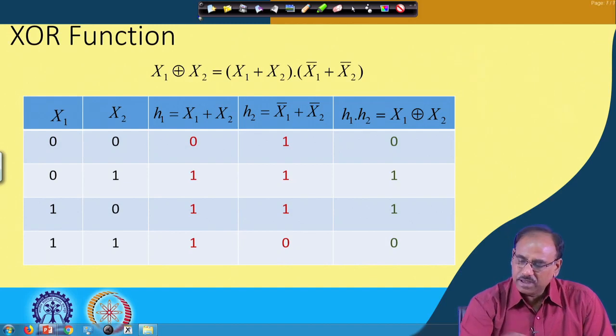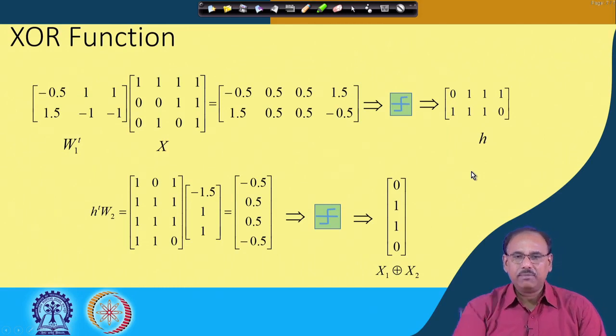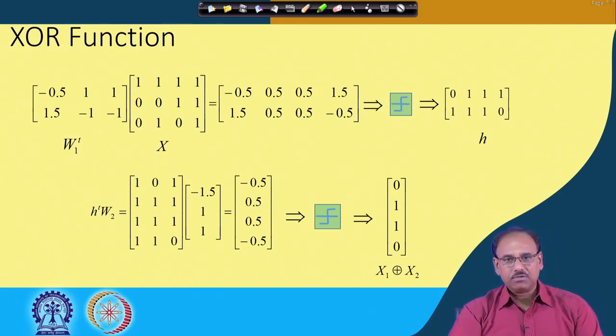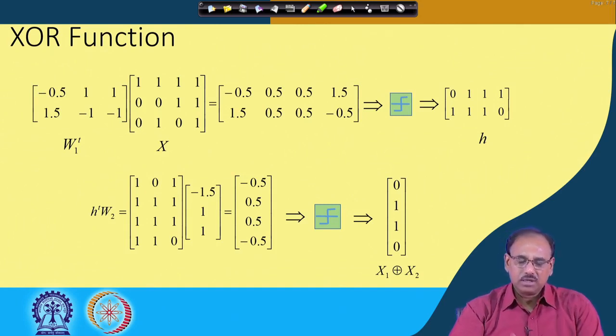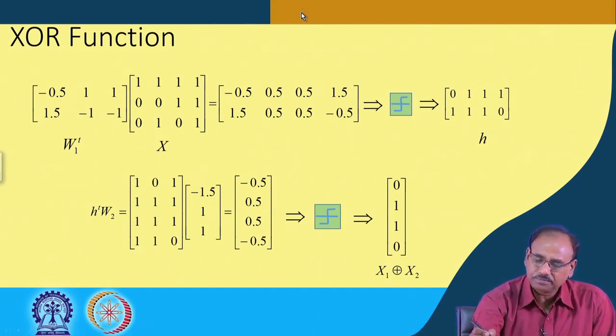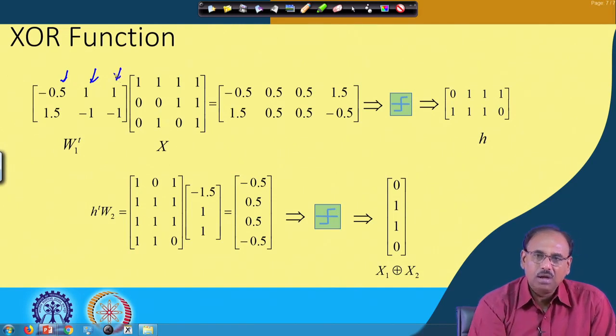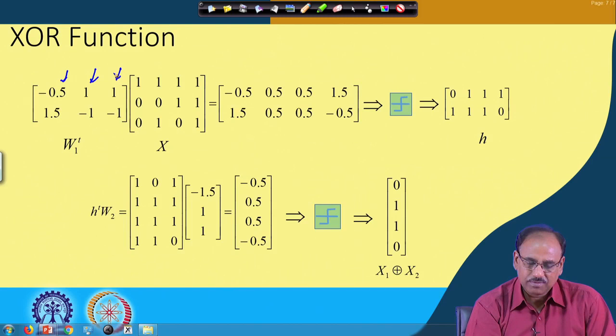So, I can represent this again in matrix form. In the first level I have a set of weights given by the matrix W1. If you look at the first one, it is minus 0.5, 1, 1, which are the weight vectors we have used for an OR operation.